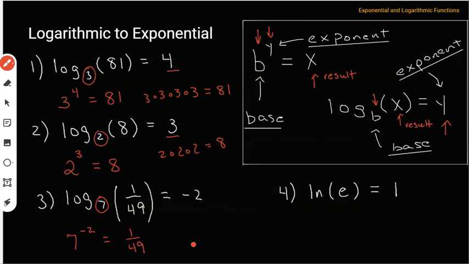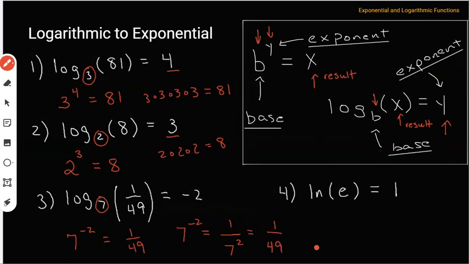So what that's just saying is if you have 7 and you raise it to a negative power, that negative power is going to turn into a positive power in the denominator. So you're going to have 1 on top, but on the bottom of the fraction, you're going to have your base of 7 raised to the +2, and that's going to give you 1 over 49.